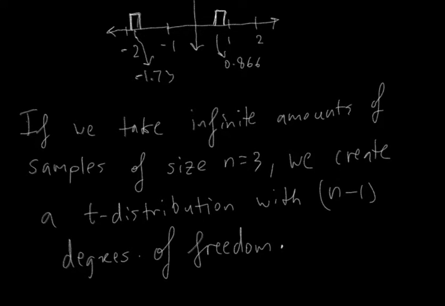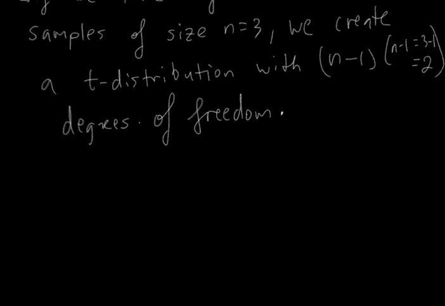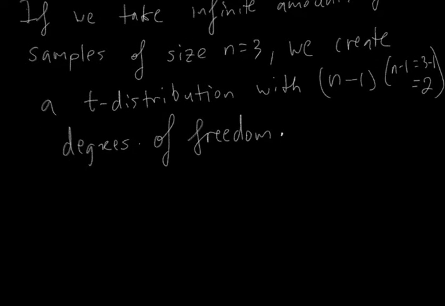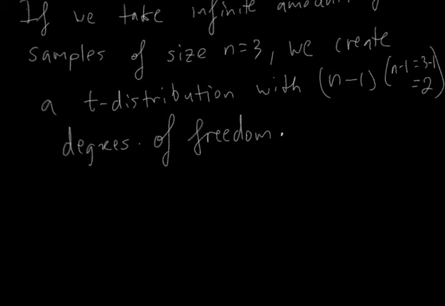So I'm going to just put in parentheses, n minus 1 is equal to 3 minus 1 is equal to 2. So in this particular example, since our sample size is n is equal to 3, we would have 2 degrees of freedom. And so I want to show you the relationship now of the t-distribution to the normal distribution.